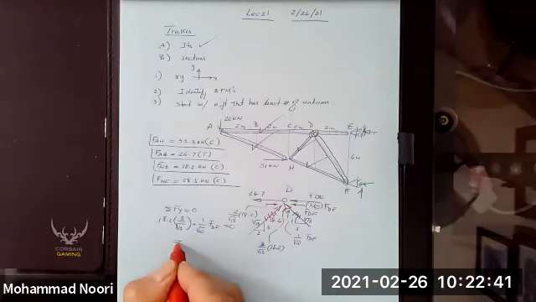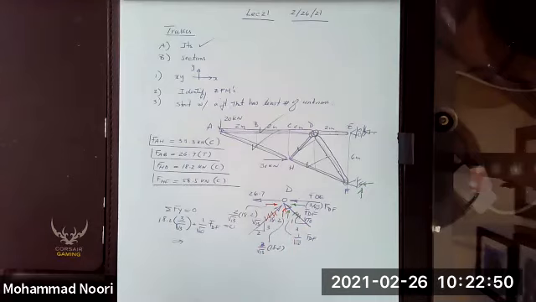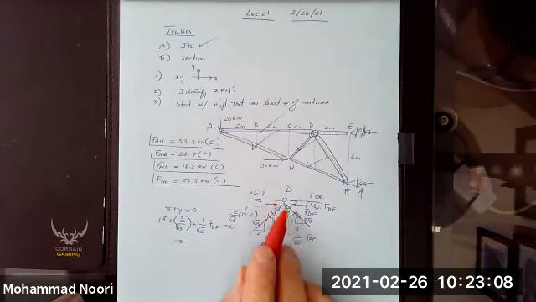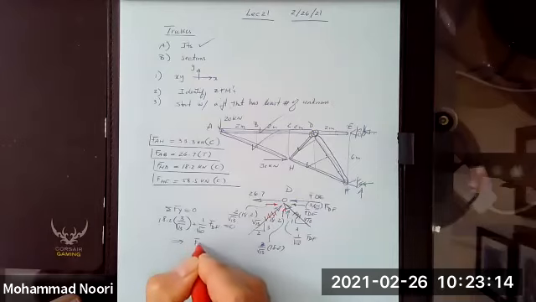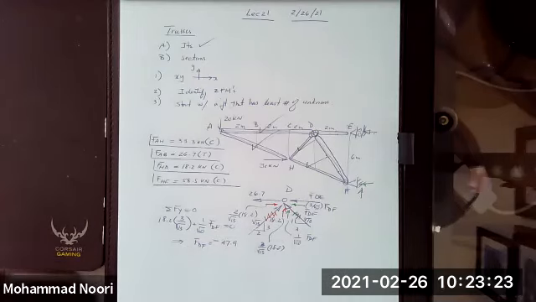So if you solve for this force, F_DF, let me double check that here. If you solve for this, you see that F_DF comes out to be negative 47.9.